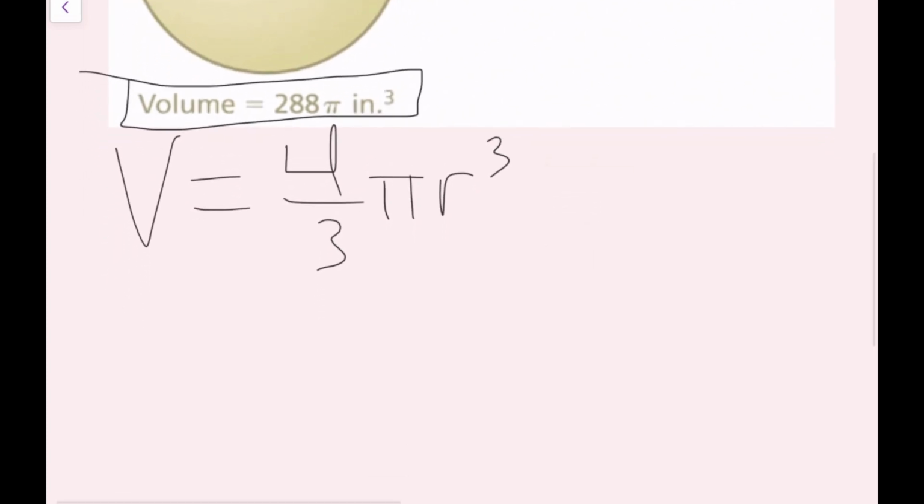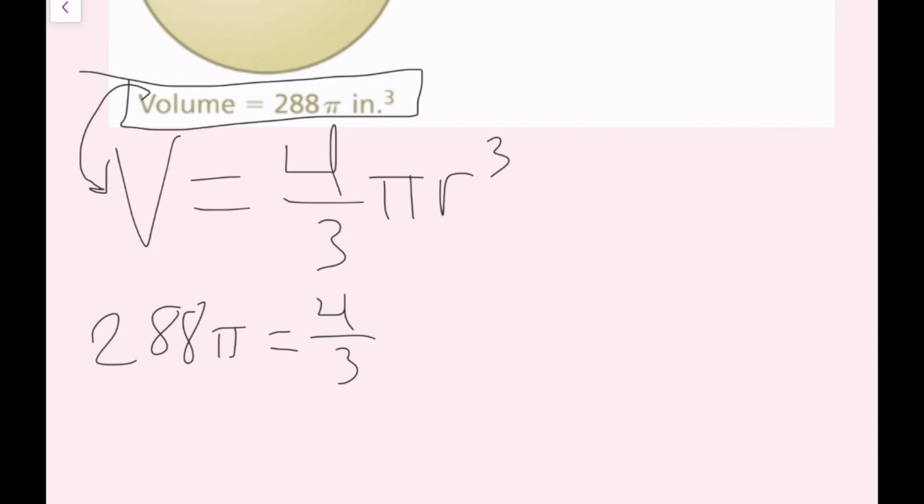So I'm going to plug in my volume here, which is 288 pi, and this is equal to 4/3 pi r cubed. And you know what? I'm going to write r in red because that's what we are solving for.